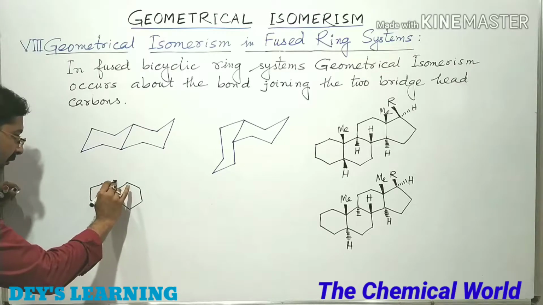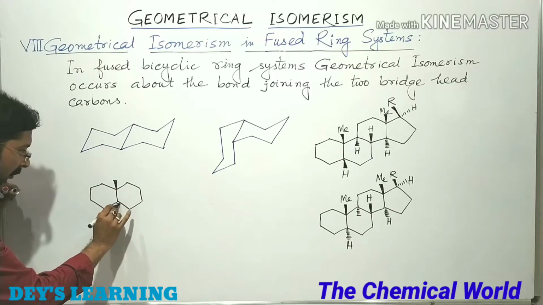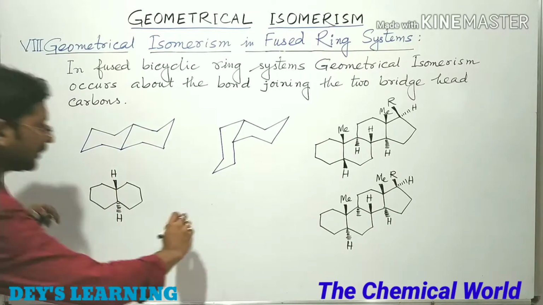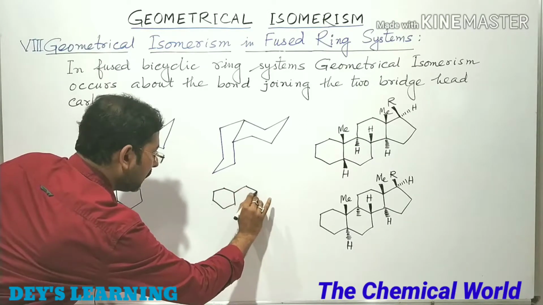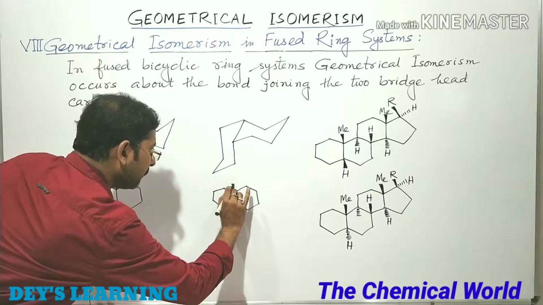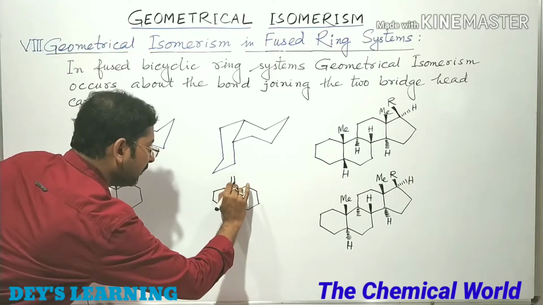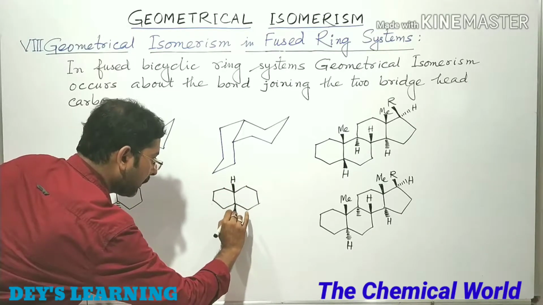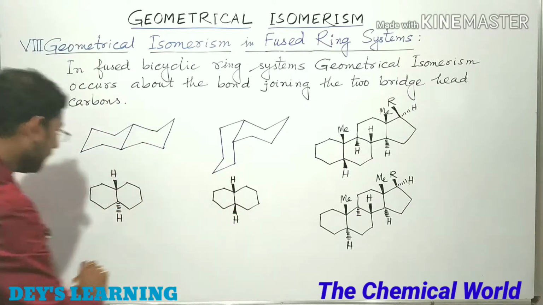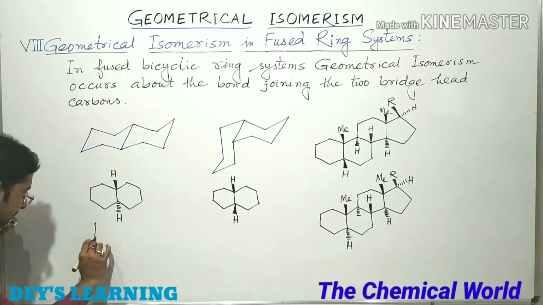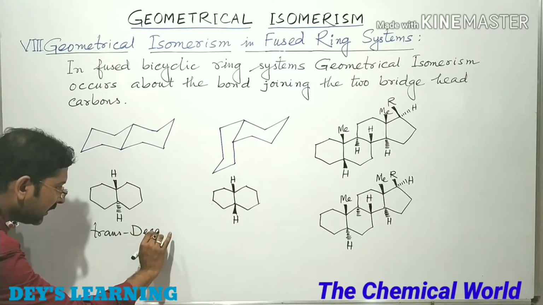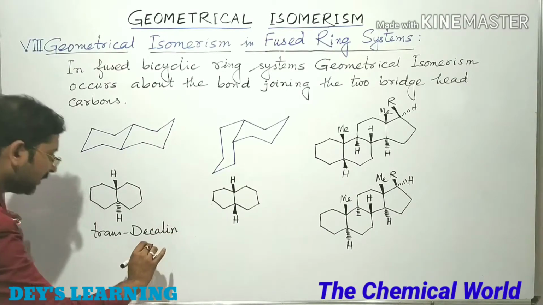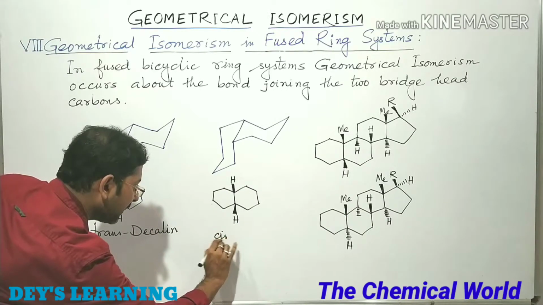This one is trans. These 2 hydrogen are actually trans, and in this molecule these 2 hydrogen are actually cis. This is your trans-decalin, and this molecule is cis-decalin.